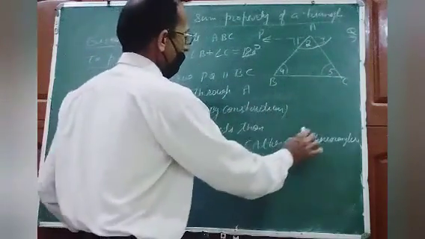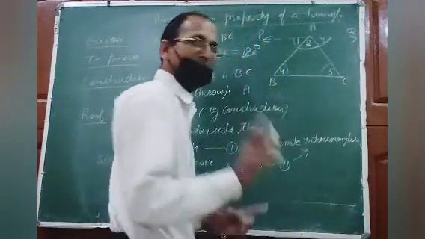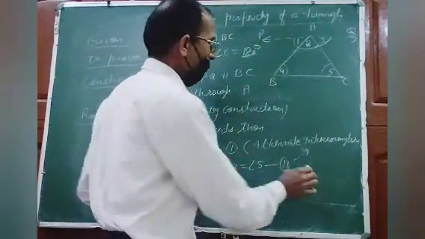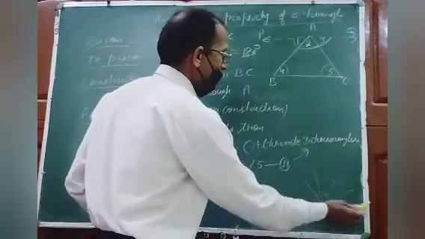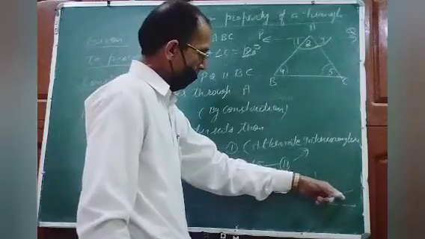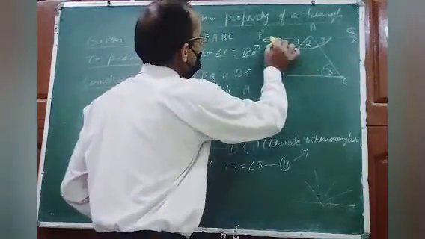Now, you know about straight angle also. The measure of a straight angle is 180 degrees. If there are 5 angles which make a straight angle, the measure of all of them together will be 180 degrees.